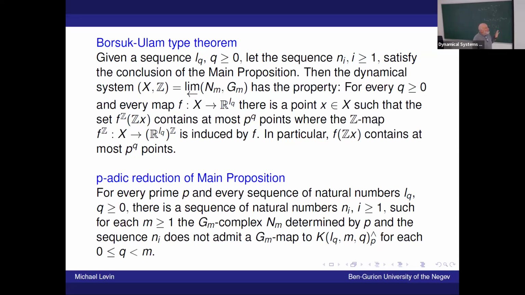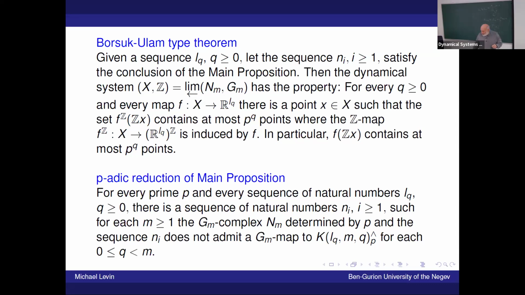You can get this Borsuk-Ulam conclusion from the previous proposition if you do the exercise. I could try to prove it, but most likely I will make a mistake and the talk will last forever. But it won't happen.